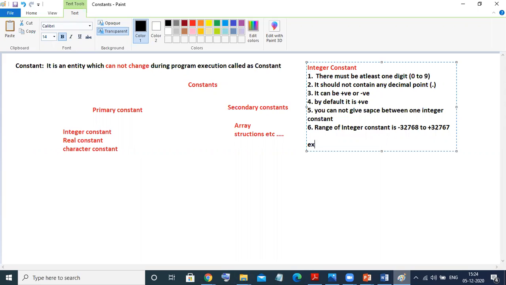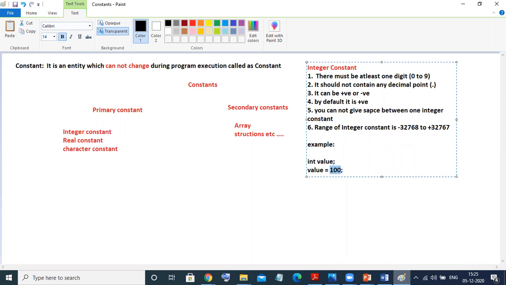And some of the examples we will see. For example, if I declare int, that stands for integer. Suppose I am taking value as a variable, and I'm giving value equals 100. Now you can tell me whether it is a valid integer or not. See whether it follows all the rules. At least it should have one digit; we are having 3 digits.